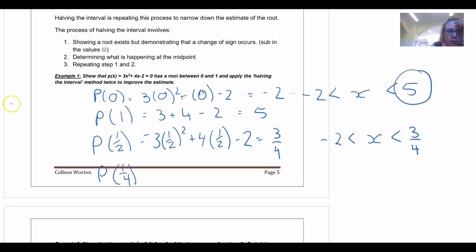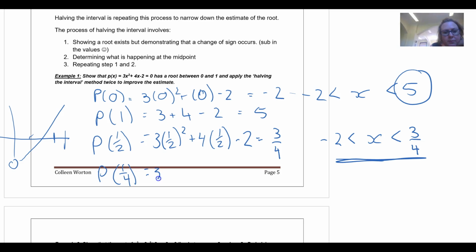I know that on a graph, 0, 1, it's come from negative up to positive. And I know that it's happened between a half and 0, because that's what I've said here. So if I go 1/4, I'll be able to see.